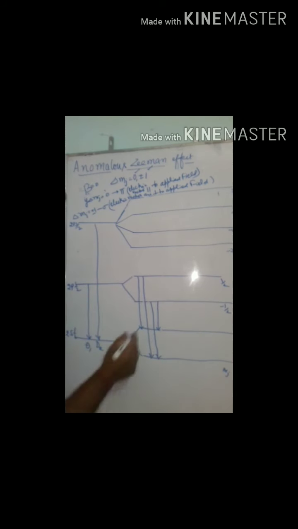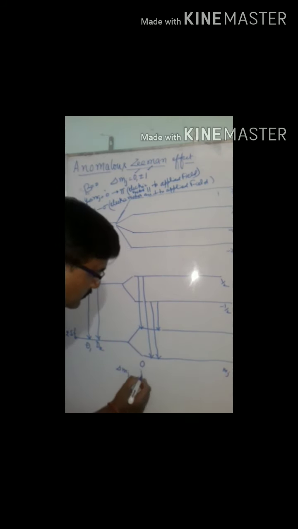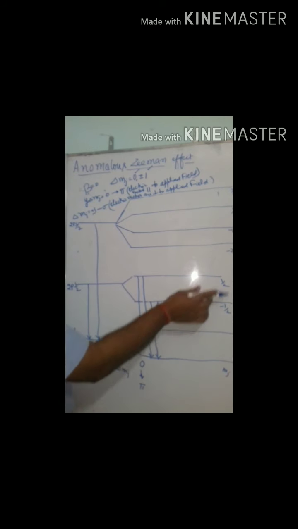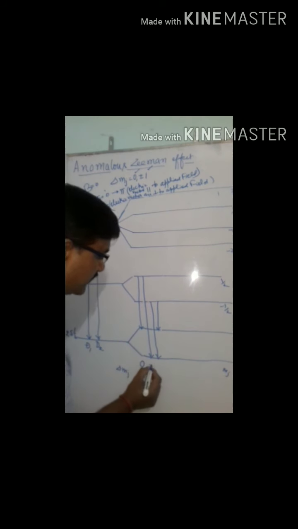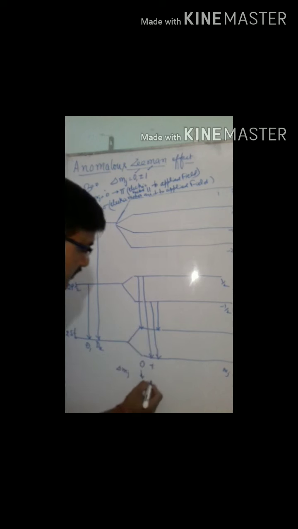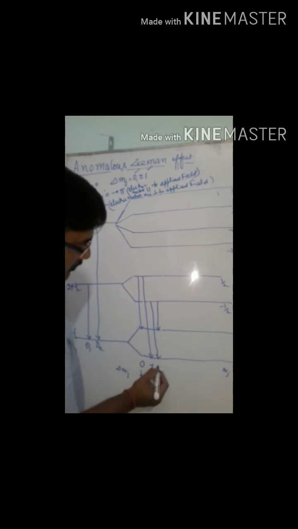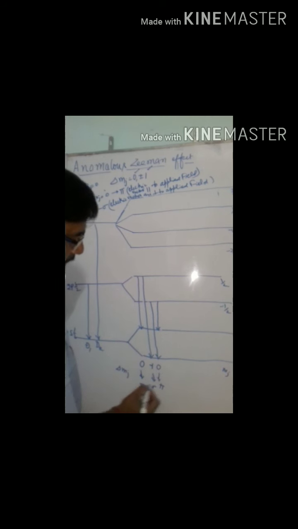That is, delta mj for this is 0, and 0 is a pi. This corresponds to pi component, right? What about this? This is from 1 by 2 to minus 1 by 2, that is minus 1 by 2 and minus 1 by 2. From final to initial, delta mj is minus 1. So this is your sigma component. What about this? Minus 1 by 2 to minus 1 by 2. Again 0. That is pi component.